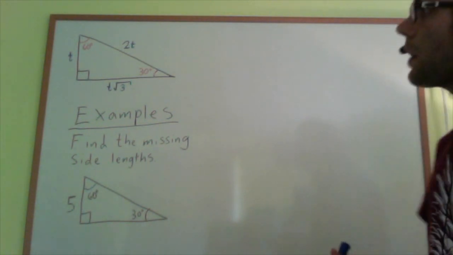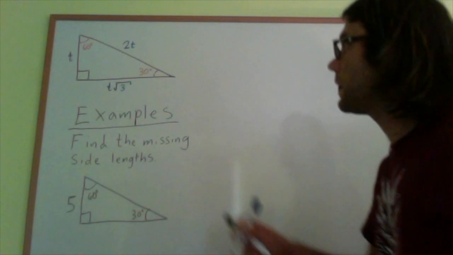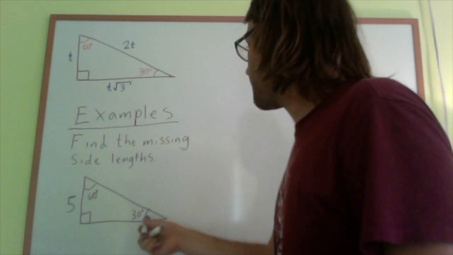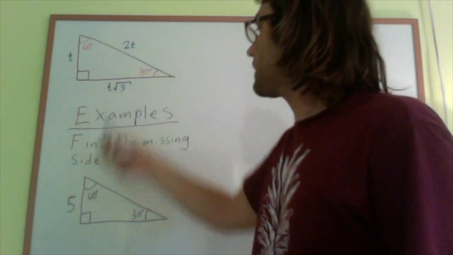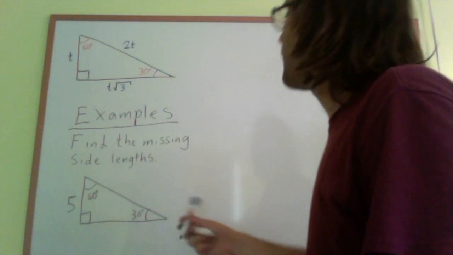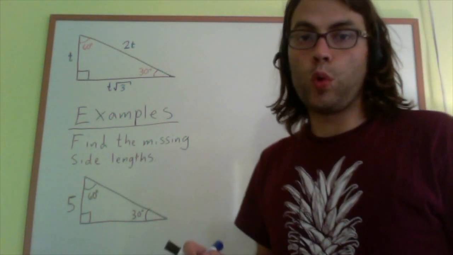The 30, 60, 90 right triangle tells us that if the side opposite 30 is 5, then the side opposite 60, which is right down here, is going to be 5 root 3.